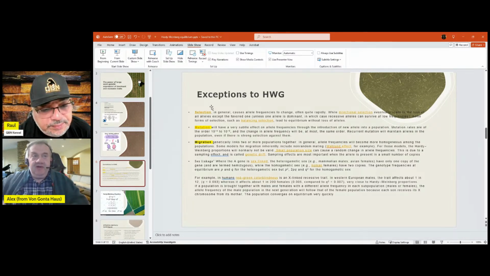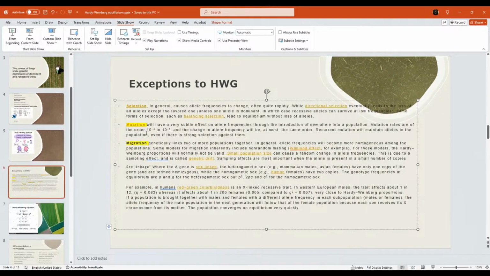The next assumption is mutation. Mutation rates are 10 to the power of -4, 10 to the -8. For those who don't remember, 10 to a negative power is 1 over 10 to that power, so 10 to the -4 is 1 over 10 to the 4th. 10 to the 9th is a billion.